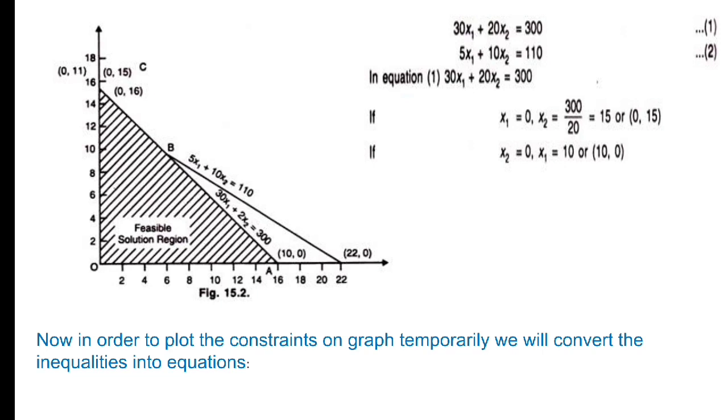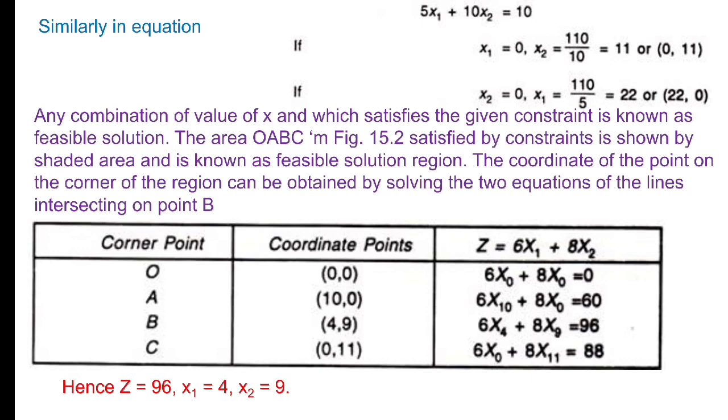In order to plot the constraints on the graph, temporarily we convert the inequalities into equations. Then the second equation will be 5x1 plus 10x2 equal to 110. x1 equal to 0, x2 equal to 110 divided by 10 equal to 11. Simplify, you will get 0 comma 11. x2 equal to 0, so we will get 110 divided by 5 equal to 22, 22 comma 0.